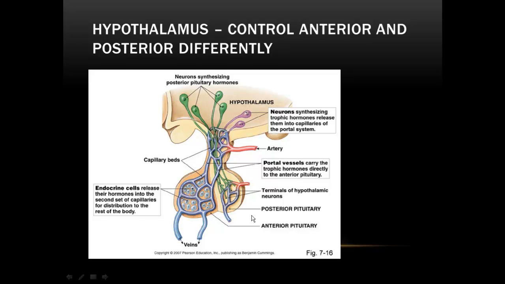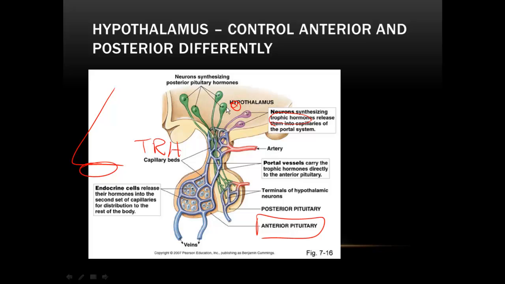Let's examine the anterior first. In this diagram, the man is flipped, so his nose would be on this side of the page. The hypothalamus is going to control the anterior by releasing what are known as trophic hormones, or releasing hormones. In the example we're going to talk about today, TRH, thyroid releasing hormone, would be an example.